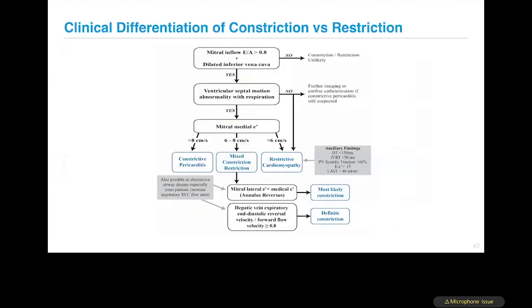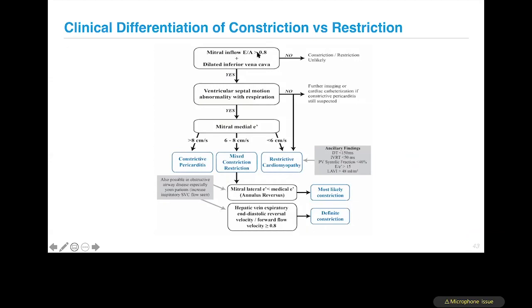This is the algorithm that has been given by the guidelines. The 2016 ASE diastolic dysfunction guideline document provides this algorithm to look into multiple features. They provide an initial assessment to look into the transmitral flow velocities, particularly in the presence of a dilated inferior vena cava.